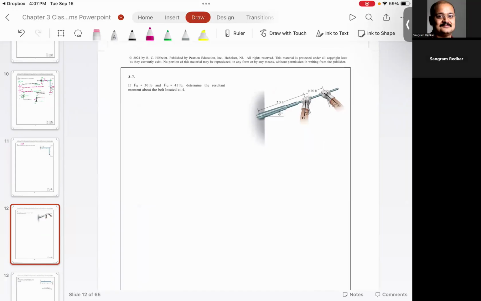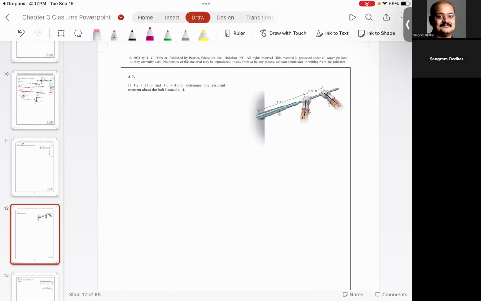In this problem, you have force B and force C. So you have a beam, and on this beam you have two forces.